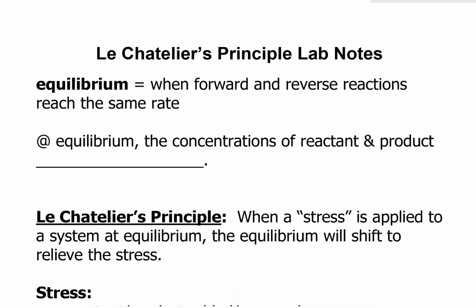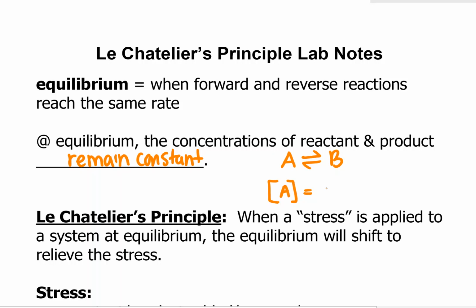So equilibrium, we've already defined that. At equilibrium, the concentrations of reactant and product are not the same, but they remain constant. And so, for example, if we're looking at a chemical equilibrium, we're not saying that these concentrations are equal.